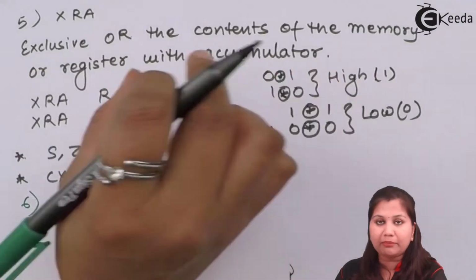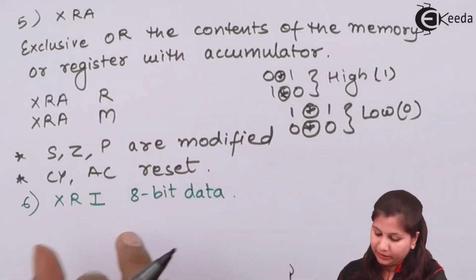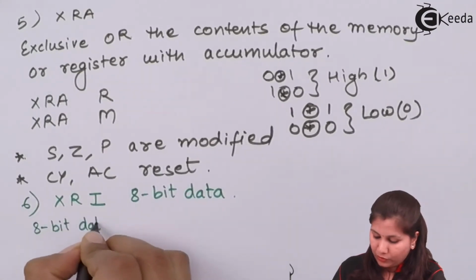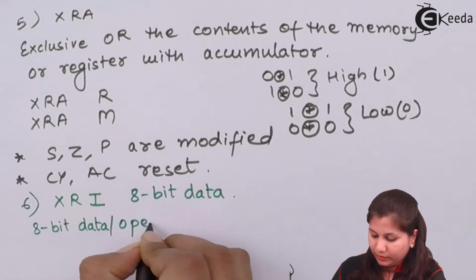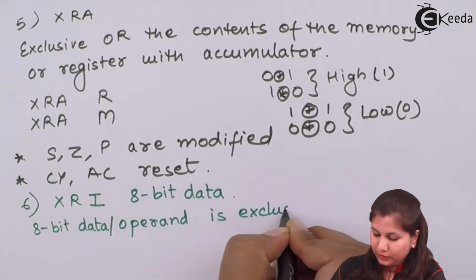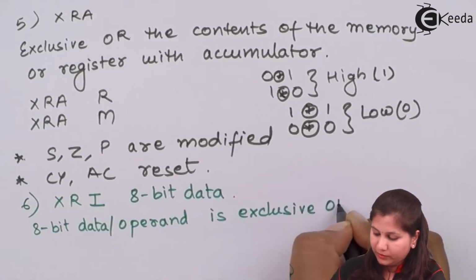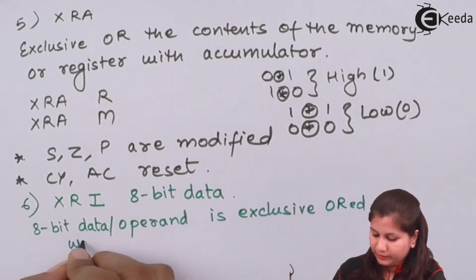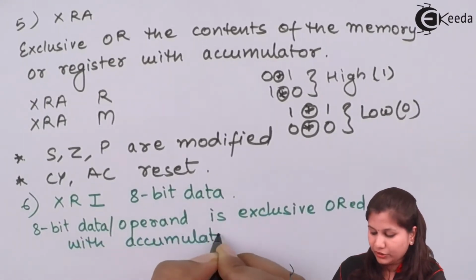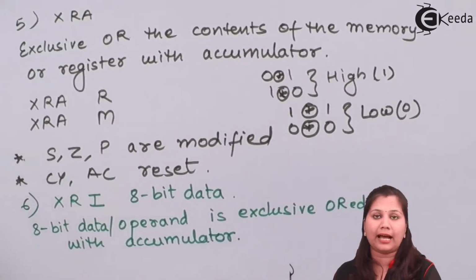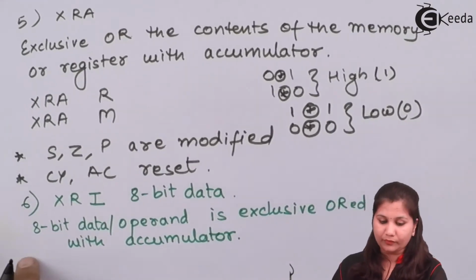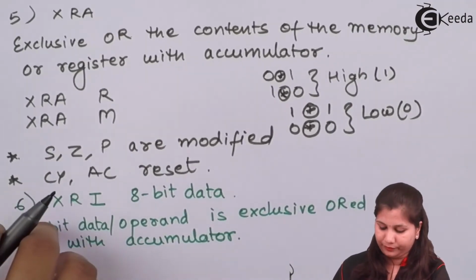So in the previous instruction register and memory are exclusively ORed with the accumulator, and here the 8-bit data will be the operand which is exclusive ORed with the accumulator, and the result is stored in the accumulator itself, and all the flags are modified due to this operation.